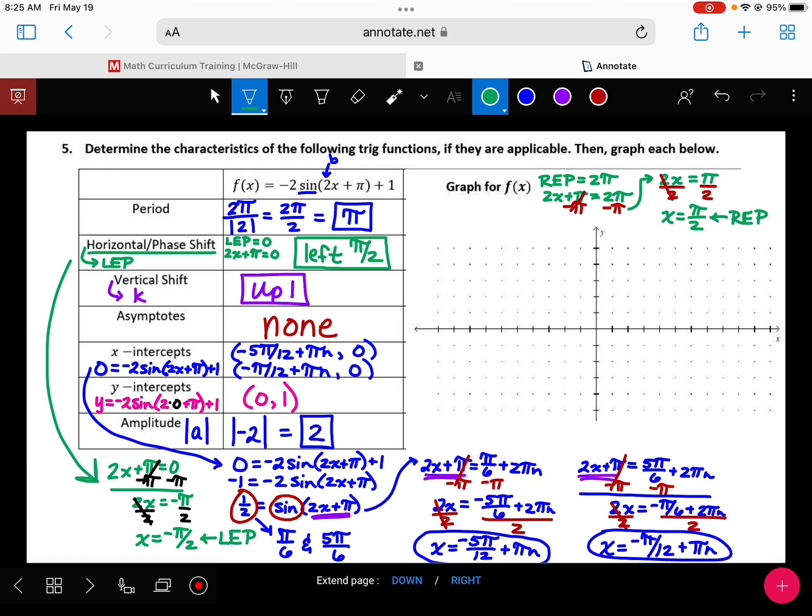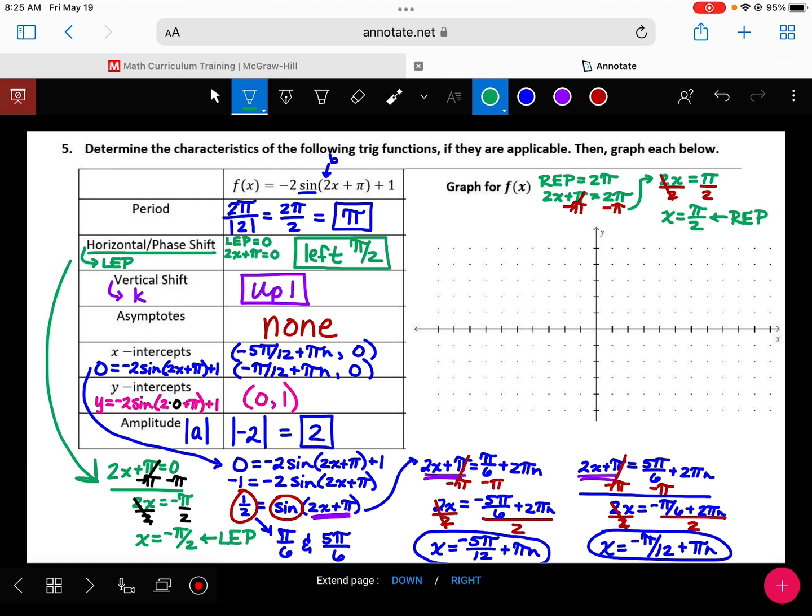What does the parent sine graph look like? Looks like an S on its side. Starts at 0, because sine of 0 radians is 0. Then it goes up to its maximum of 1, comes back to 0, goes down to its minimum of -1, and then comes back to 0. So it has this kind of a shape to it.